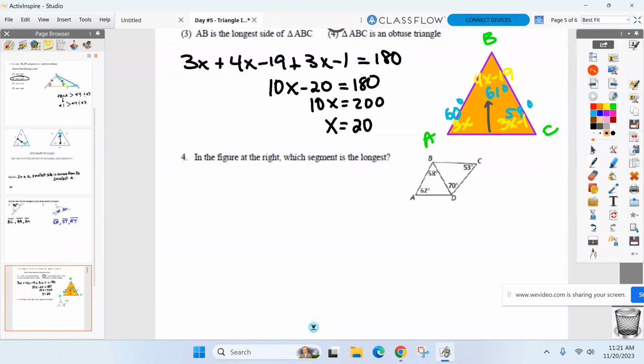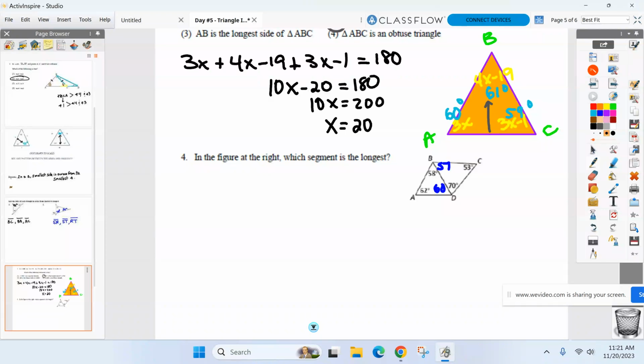So that's 0, carry the 1, 120. This is 60 degrees. 123. 57. Yeah. Okay. All right.